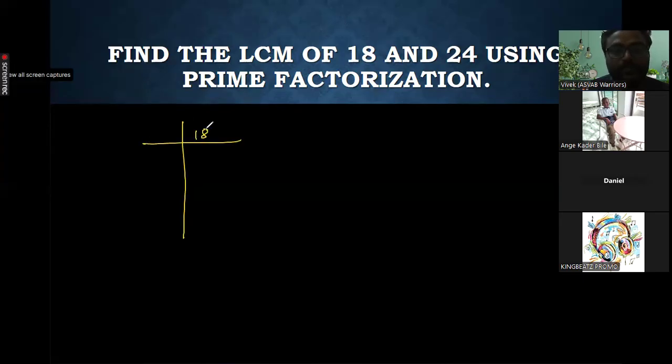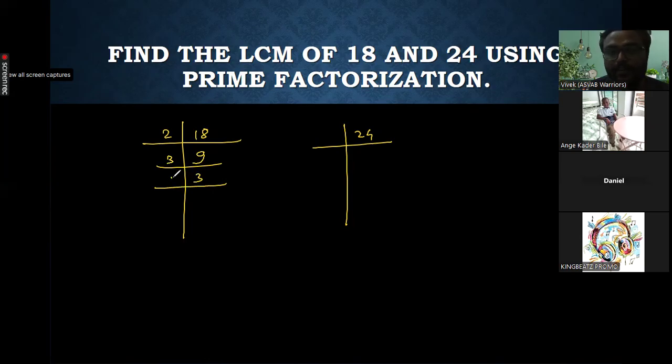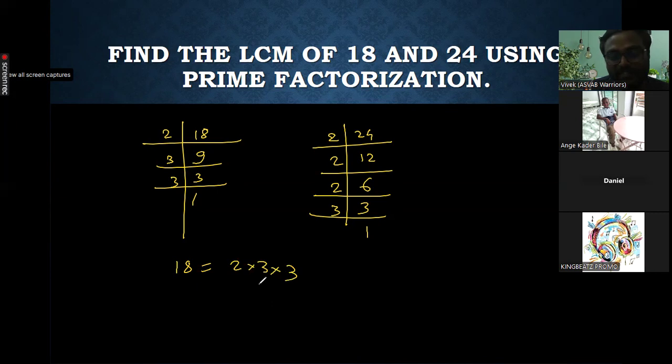So 24, 18. 18 can be divided by 2, you get 9. 9 can be divided by 3, you get 3. 3 times 1 is 3. 24 can be divided by 2, you have 12. 12 divided by 2 is 6. 6 divided by 2 is 3. 3 divided by 3 is 1. So 18 is equal to 2 times 3 times 3. And 24 is equal to 2 times 2 times 2 times 3.